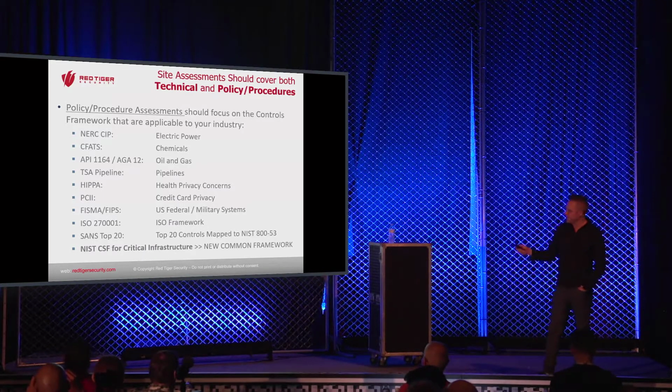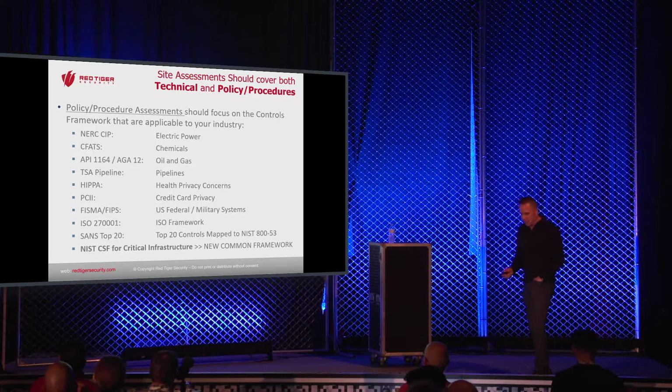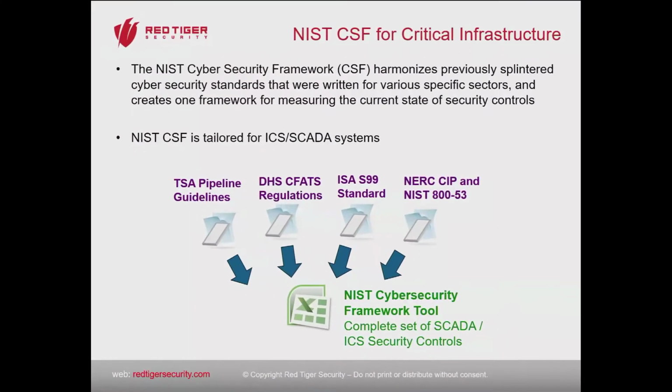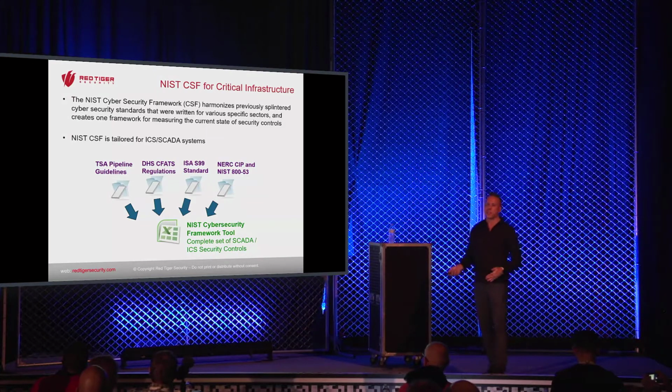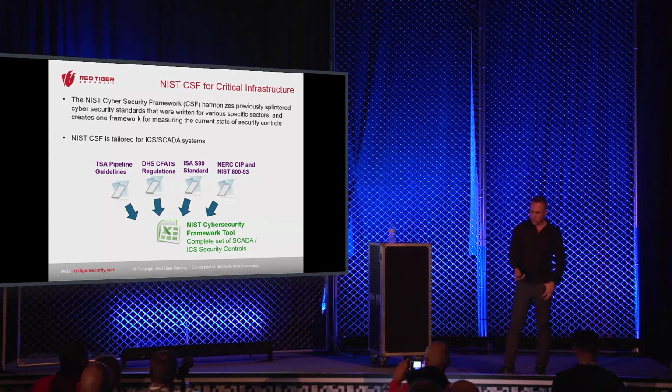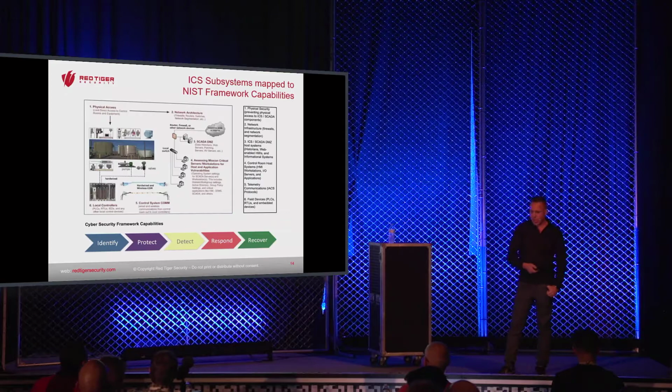Fortunately, a lot of these were distilled into the NIST CSF, which has references to a lot of these other standards. I think it's a really good framework that can be used as a definition of the target state for your system. Obviously, it's going to have to be customized for your specific operating requirements, but it's a good framework.